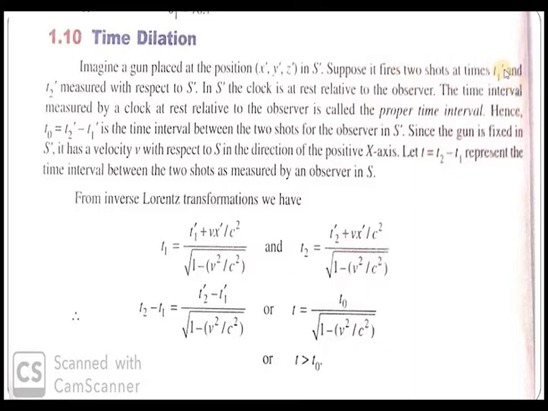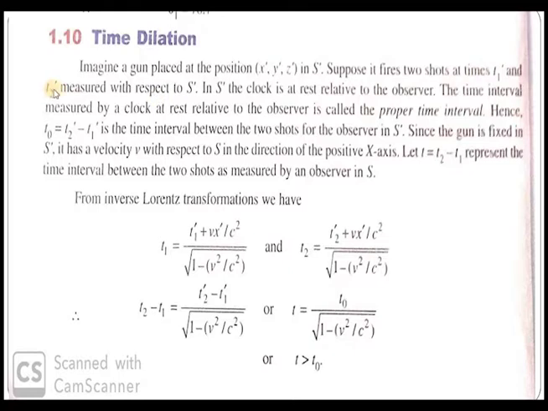The first time is t1 prime and the second time is t2 prime, and both times are measured in the S prime frame. A person is standing and shooting, and the first shot occurs at time t1 prime at a position, and the next shot occurs at the same position at time t2 prime.